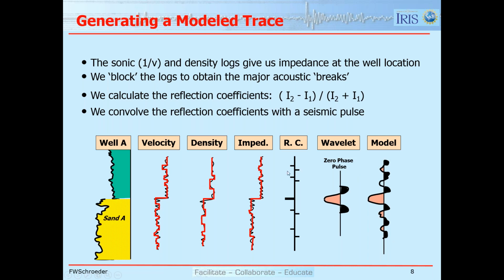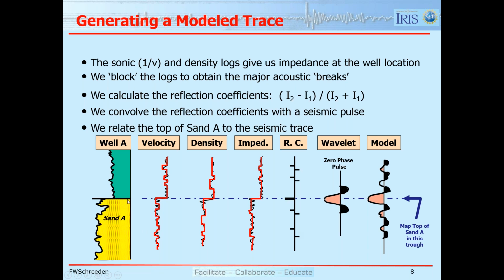So the reason I do the blocking is so that I have 15 or 20 reflection coefficients in my zone of interest instead of 100 very small magnitude ones, and then I can't see what the major cause for some of the peaks and troughs on the model trace look like.